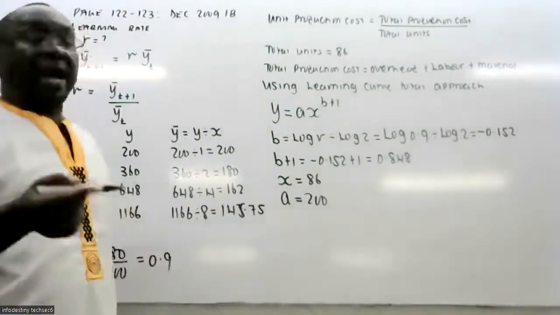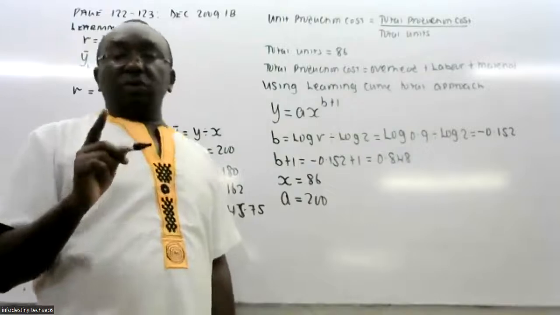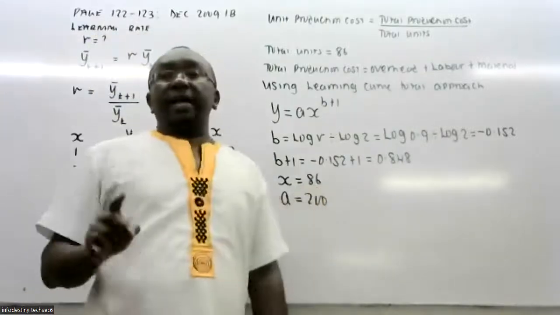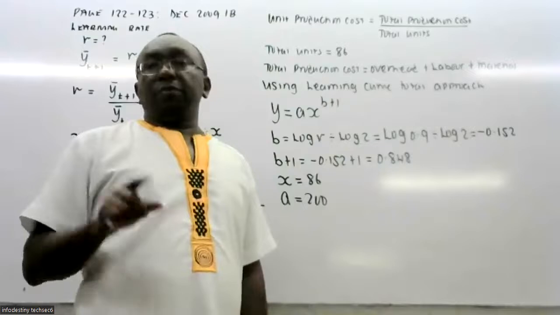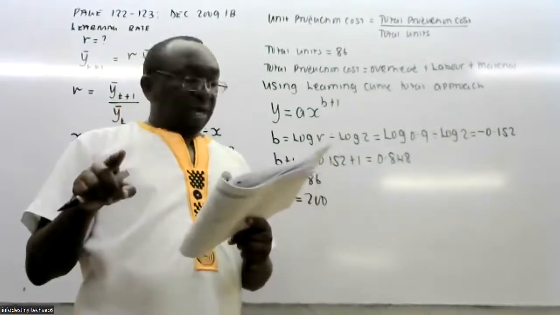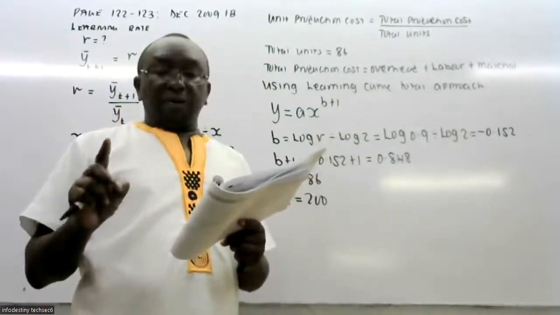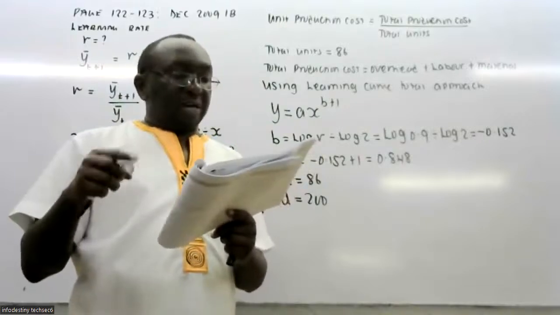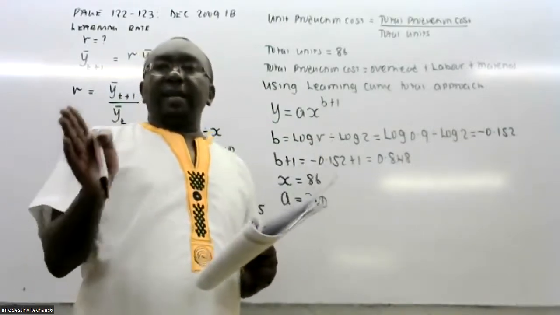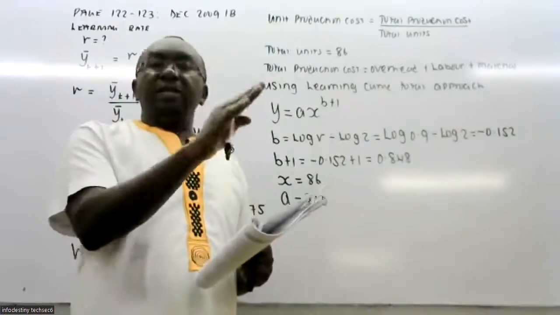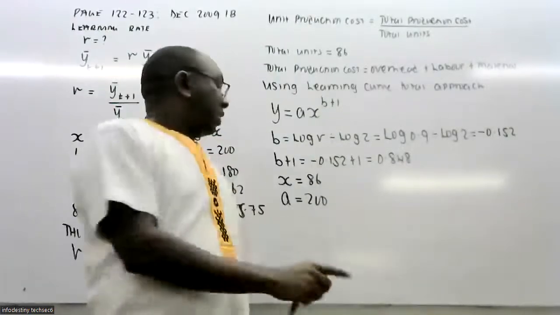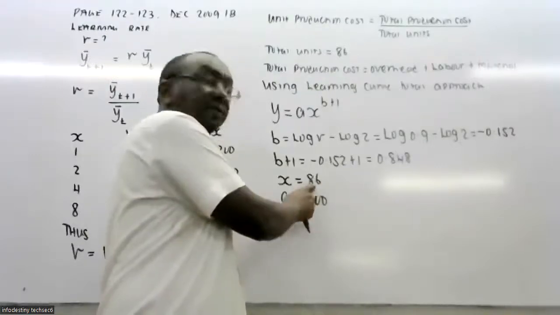We ask ourselves, the very first unit that was made, is it part of these 86? And the answer is no, because we are told this company has been ongoing. Information 1, bullet 1 says cumulative production at the start of the period. So they had already made another 528, and now they add 86. So the very first unit is not part of this.